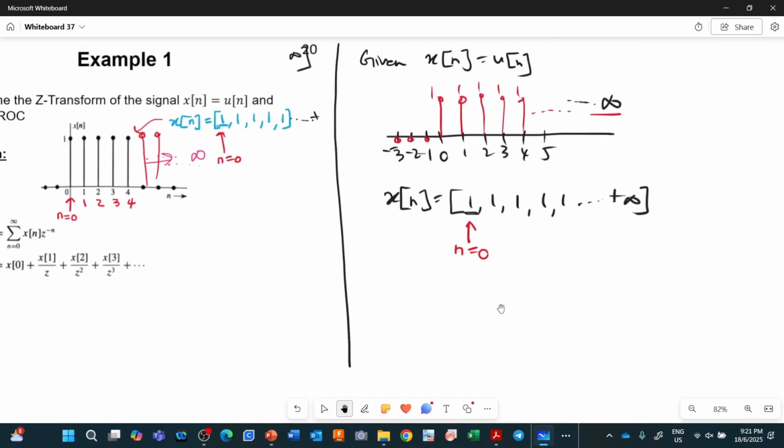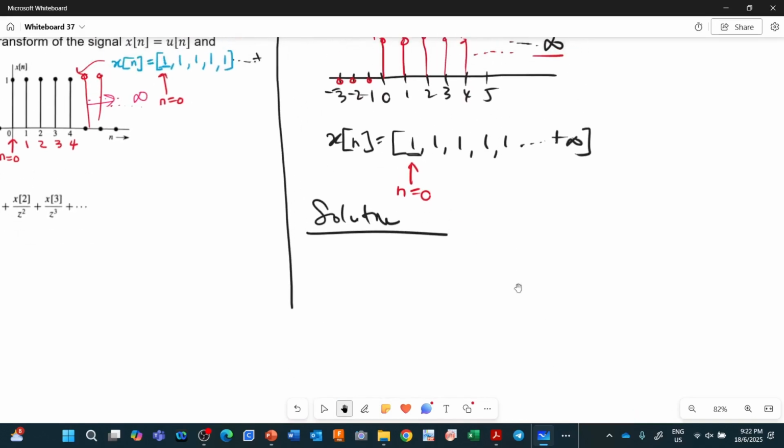So we are going to use the z transform equation. Okay, solution. From the z transform table, what is the equation?